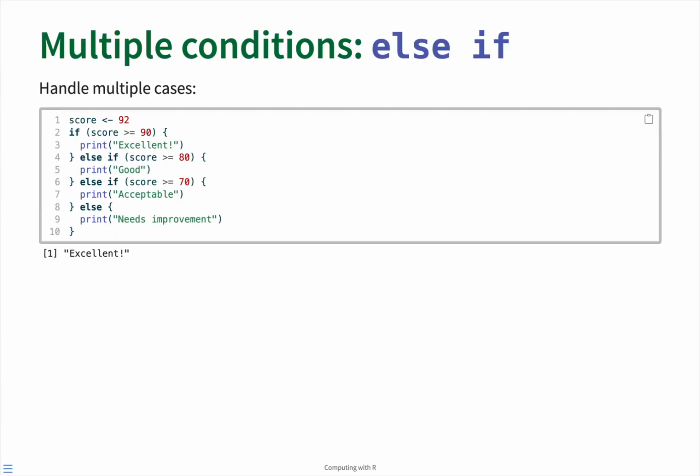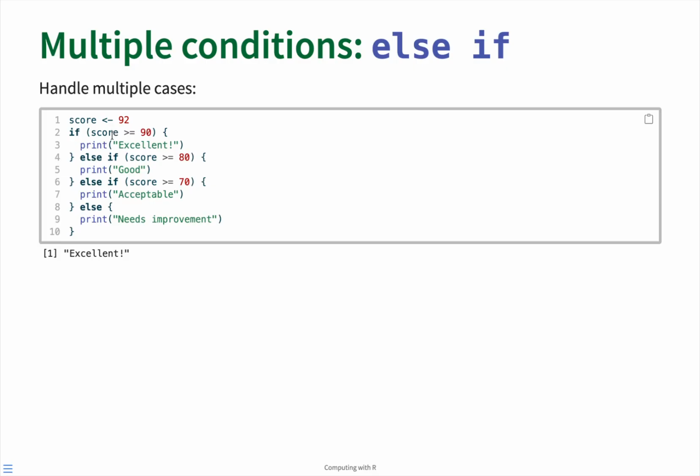So we can only run one of these particular blocks of code. If score is greater than or equal to 90, as it would be in this example where score is 92, then we would print out excellent, and even though score is also greater than 80, the fact that we've run the first block means that once we have matched one of these, the ones that come after are skipped.